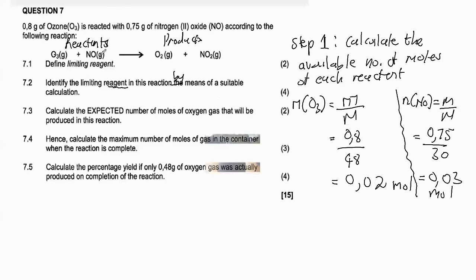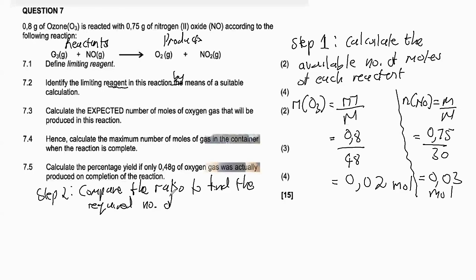But now when we compare the ratios, step number 2 is to compare the ratios to find the required number of moles of each reactant.